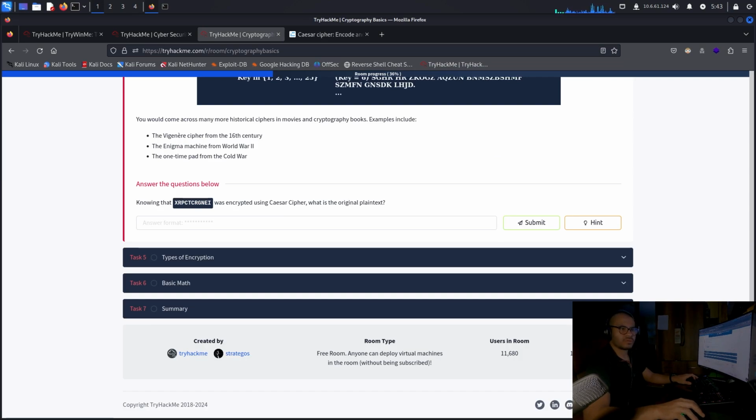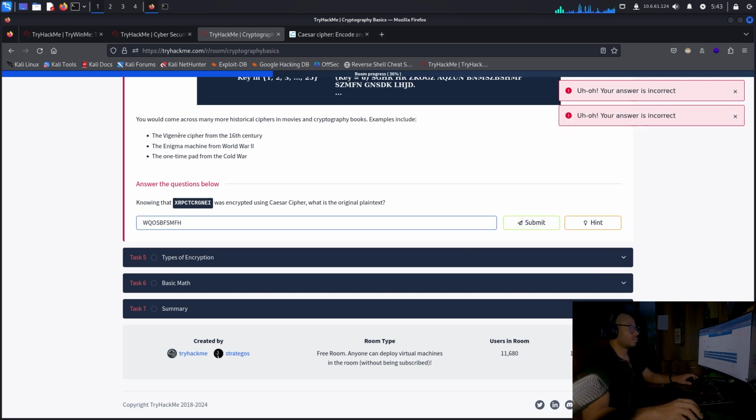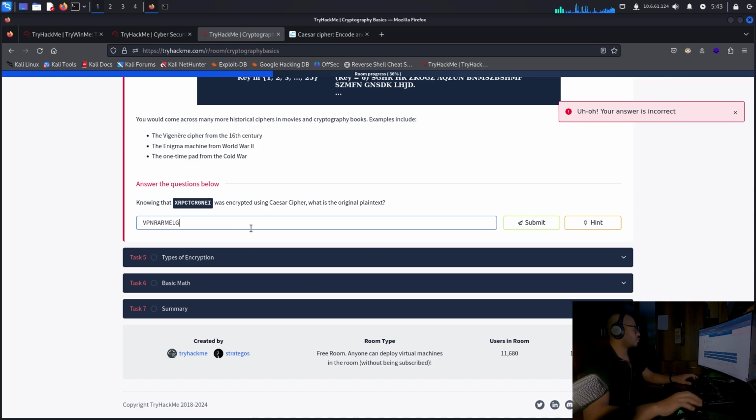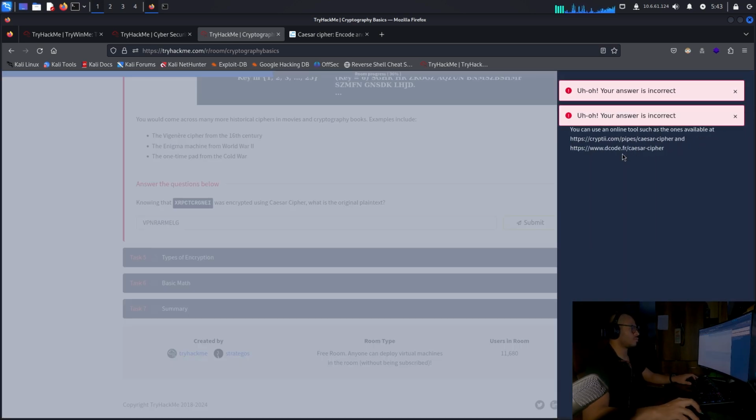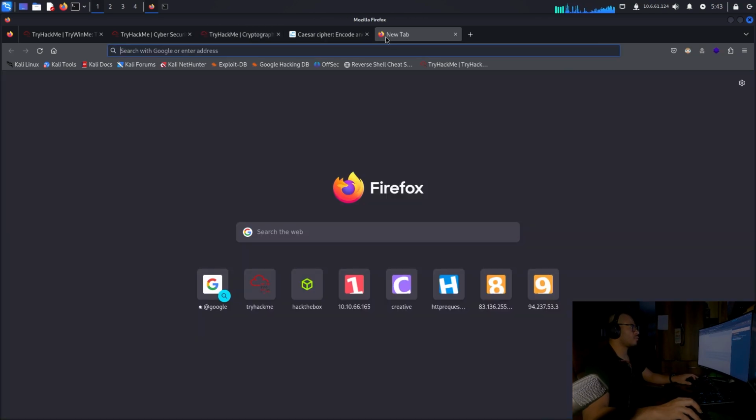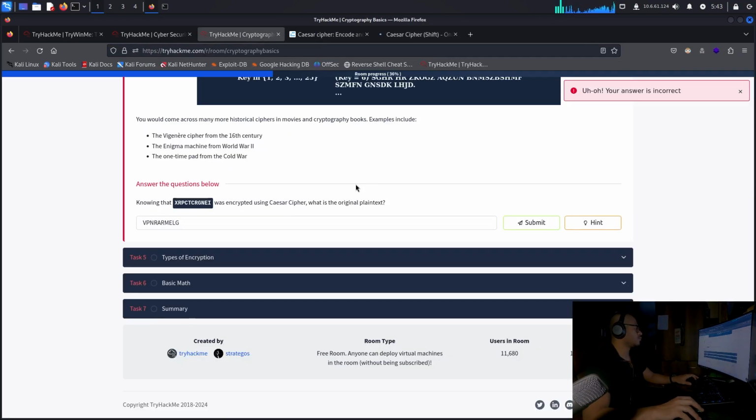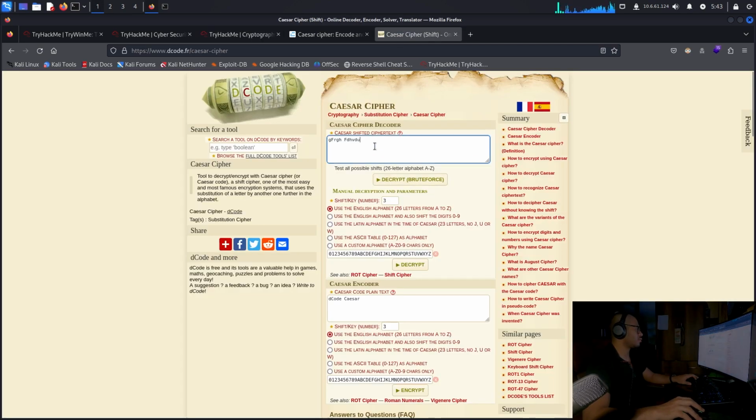I'm not even sure. Is that it? Nope. I'm not sure. Decode Caesar cipher. Check this one out real quick. Come on, I don't want to take too long on this.